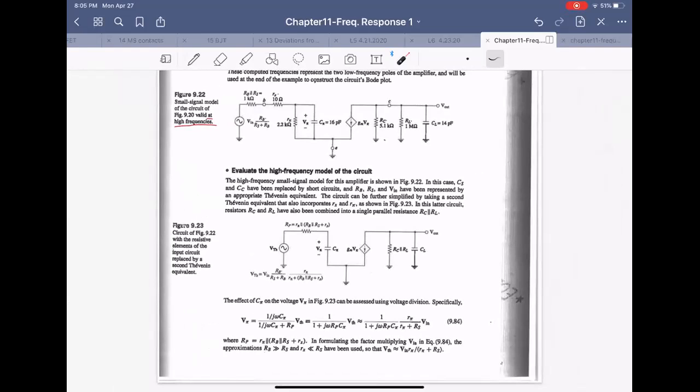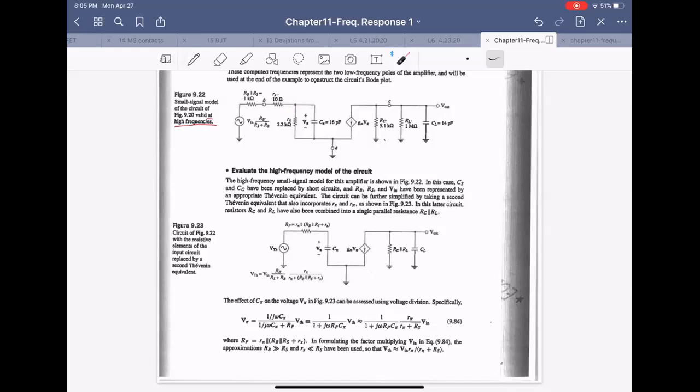The voltage at this point is given by this expression.